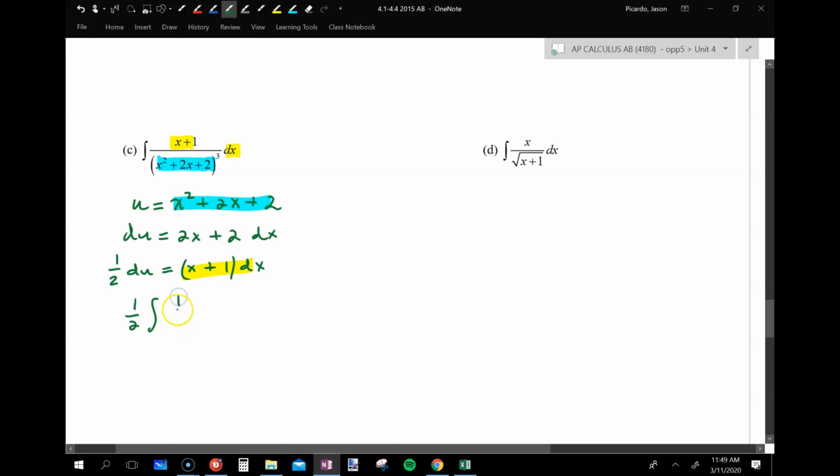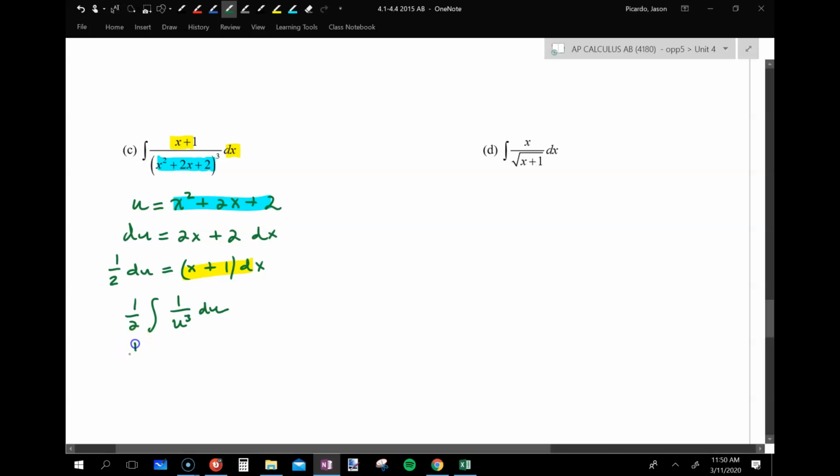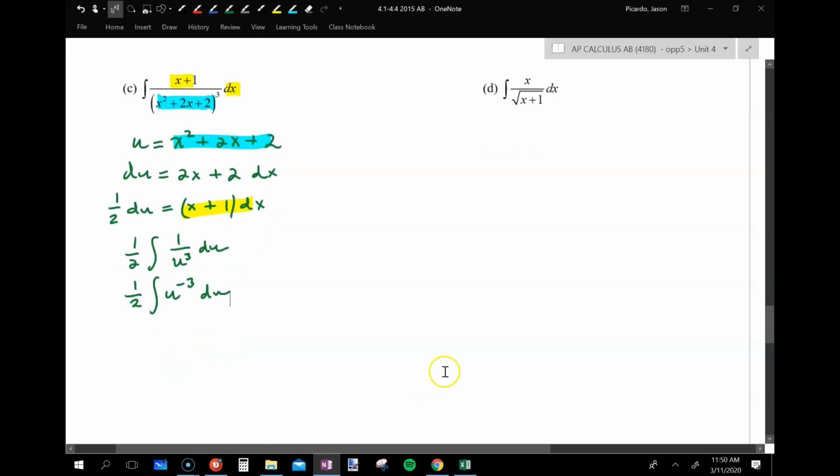of 1 over u cubed du. Same as this. Add 1 to the power. Put my corrector in front.